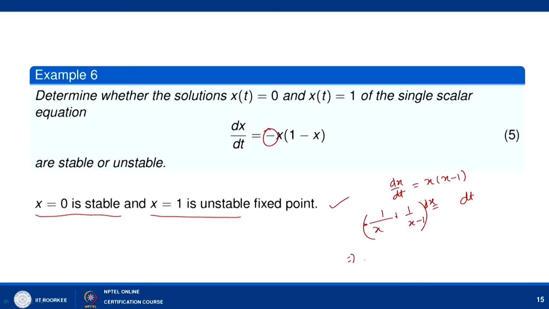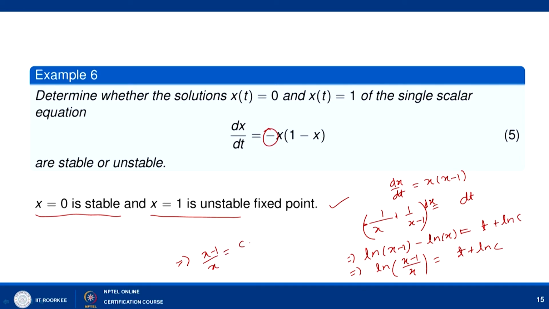So, I can write this as ln of x minus 1 minus ln of x equal to t plus ln c. So, ln of x minus 1 upon x equal to t plus ln c, and you can write x minus 1 upon x equal to c e to the power t.